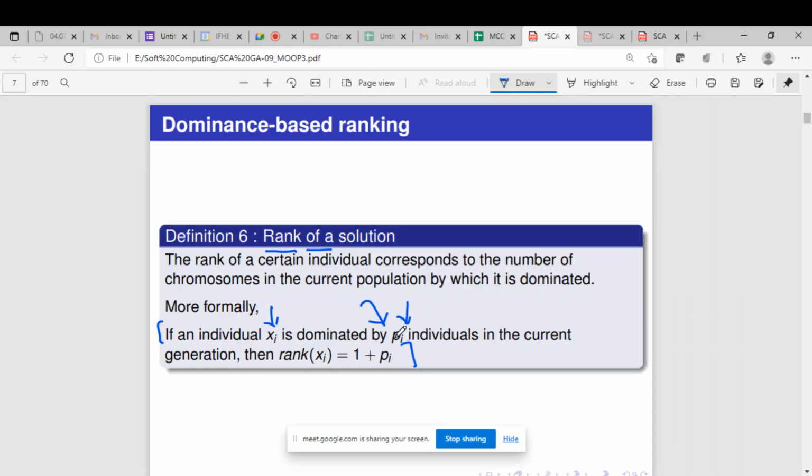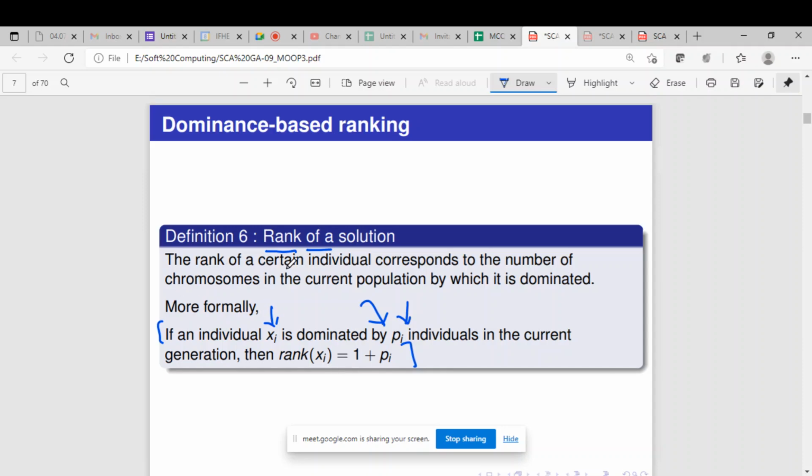It means there are already pi solutions which are better than xi. Then what will be the rank of xi? Obviously the rank of xi will be 1 plus pi, because exactly this many individuals are better than xi.